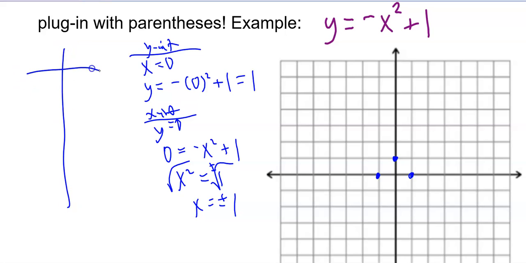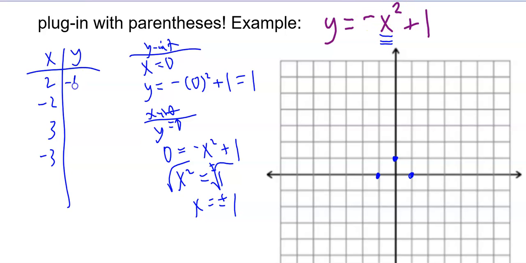We could just make a table and plug in a few other values. I've already plugged in negative 1, 0, and 1, essentially, because I have those 3 points. So maybe something a little bigger than 1, a little smaller than negative 1. I'm going to plug in 2 and negative 2, maybe 3 and negative 3 if I need them. So let's plug in 2 here. Now here's the key: you plug in with parentheses, so that negative is not being squared, only the x is.